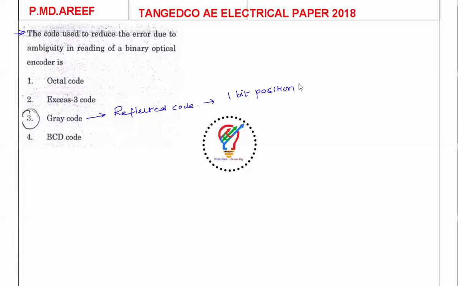If there is any error in the code, we can at least assume that there will be only 1 bit position change. So it is used to reduce the error in communication systems, such as TV and mobile.